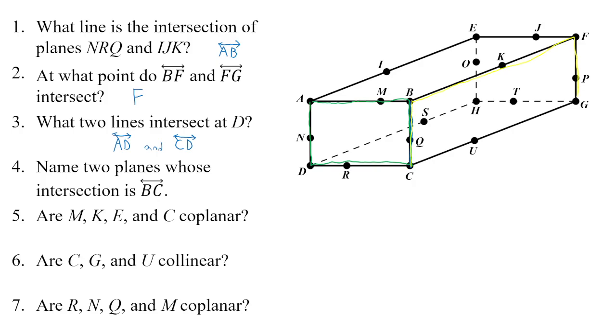And for each plane, there are many ways to name it, but you only need 3 points to name the plane. Therefore, I could call it plane ABD and plane BCG.